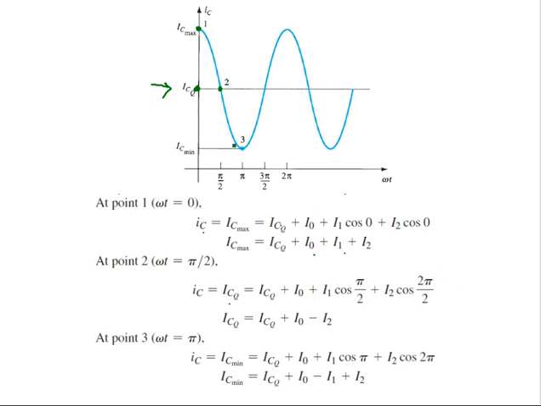The cos 0 is substituted with pi by 2. Then there was 2 omega t here, isn't it? So 2 pi by 2. So you get the expression ICQ equals ICQ plus I0 minus I2. Similarly at point 3, IC is taking its minimum value, IC min equals ICQ plus I0 minus I1 plus I2. So you got these three expressions.